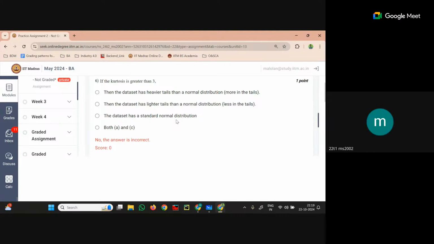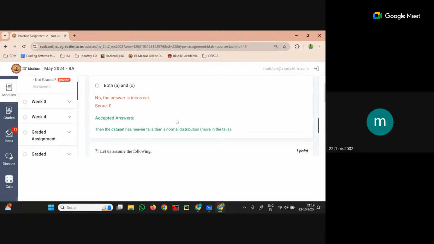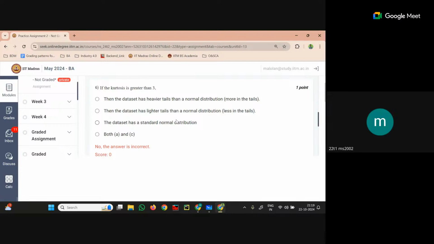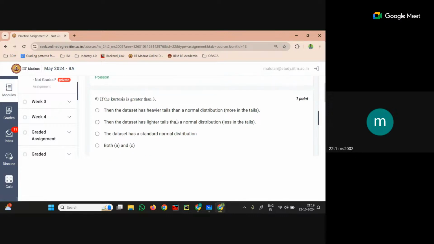Let me just check this once, because I'm also not able to get it immediately. Kurtosis is about the tail portions. The greater the kurtosis, the thicker the tails, correct. It should be more in the tail. The answer is correct: heavier tails than a normal distribution. Let me check why Google says that, and I'll get back to you. Just post it in Discourse and tag me and the TA. I'll come and respond.